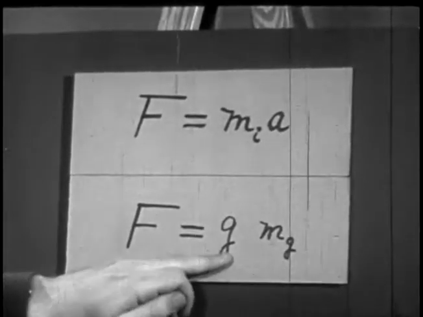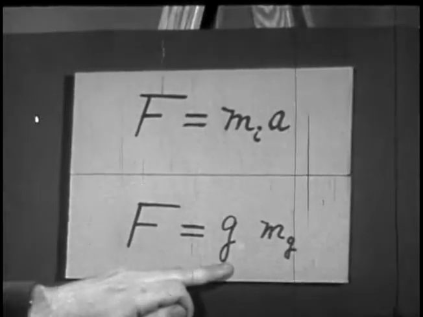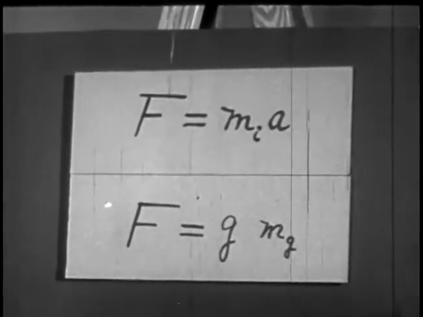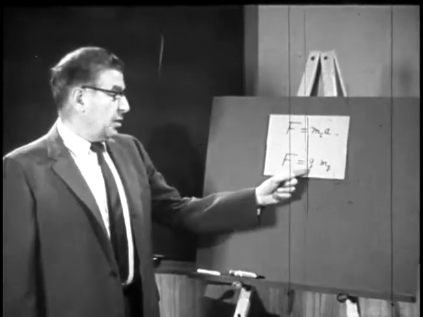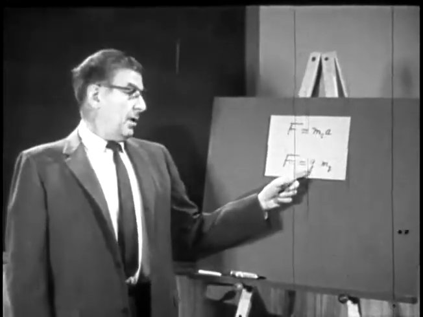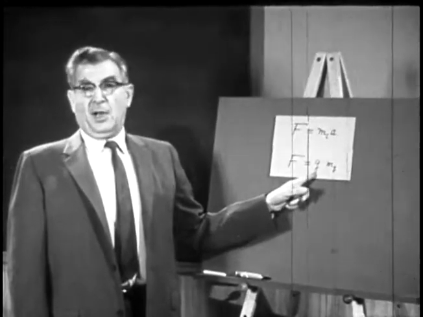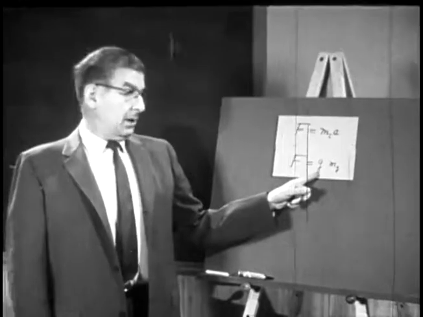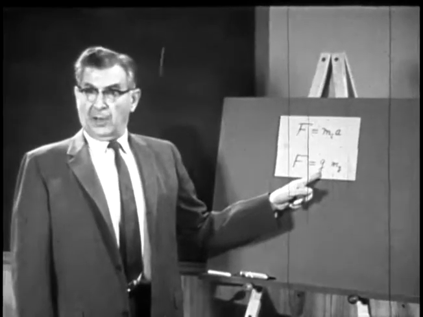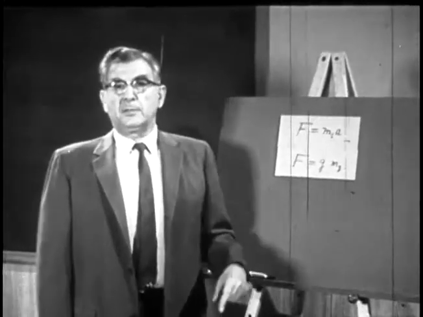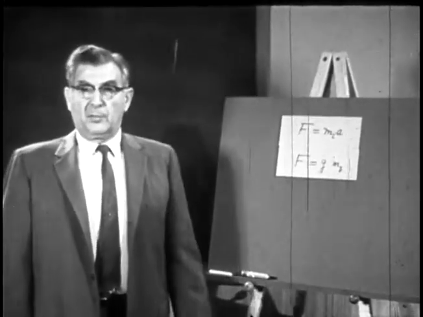This g is called the field strength of the gravitational field produced by the attracting body. It is the force per unit mass with which the attracting body pulls on any object. And it depends on the location of the object. It's smaller on the top of a mountain than it is in this room.